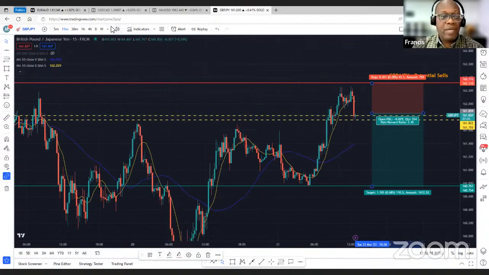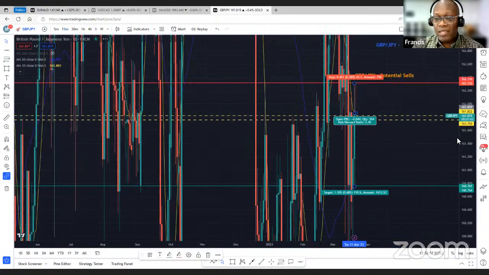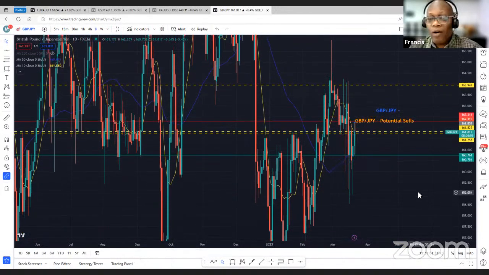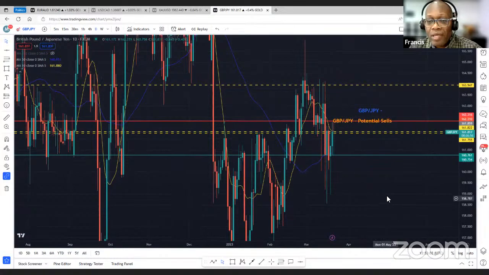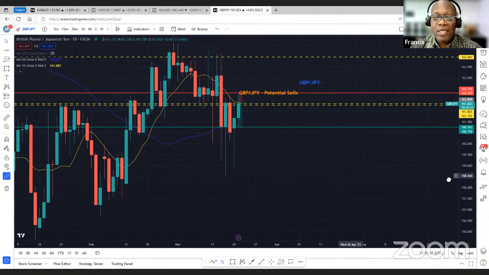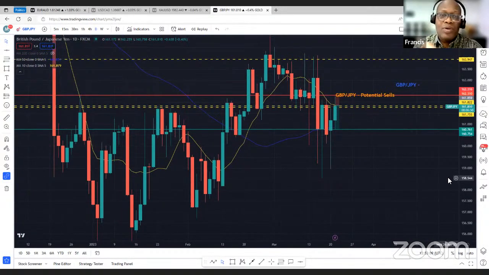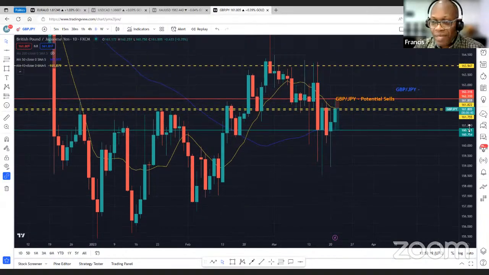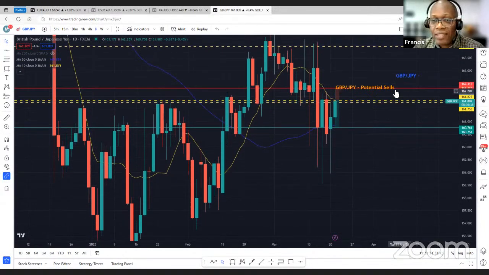Just to give you a perspective, let's go back to the daily. You see, we're now spending time on this. If you see a good setup or a potentially good setup, you want to focus on it. It's easier sometimes to focus on what looks like a good setup as opposed to finding something that you would have to spend too much time analyzing.